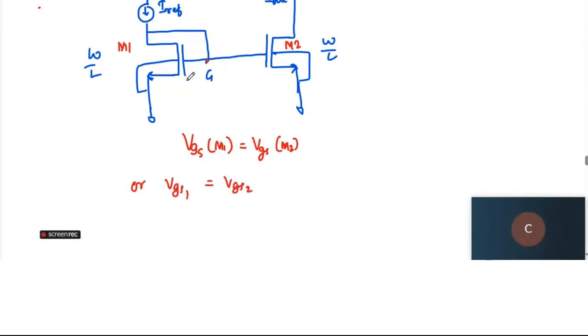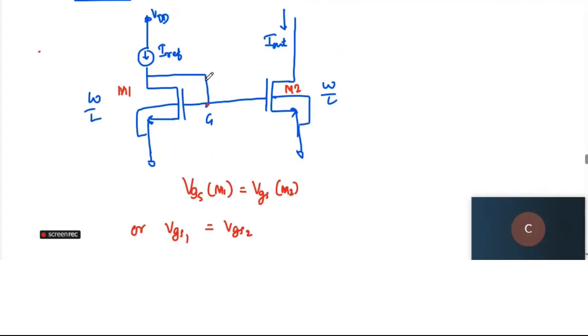Now, if you observe how this particular MOSFET is connected, we have seen that if a MOSFET's drain and gate are tied together, that particular MOSFET is known as a diode-connected MOSFET.